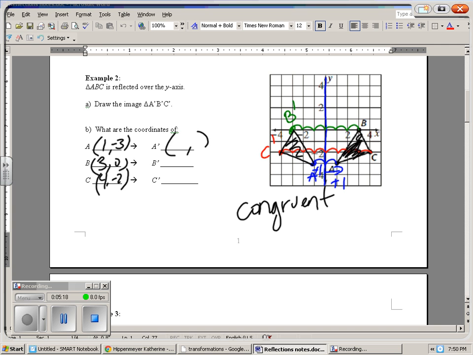So A prime is now, let me look where A prime is, -1, -3. B prime is -3, 0. And C prime is -4, -2.